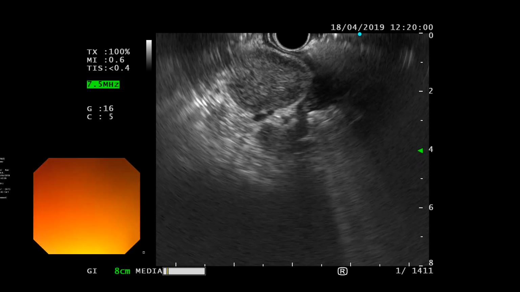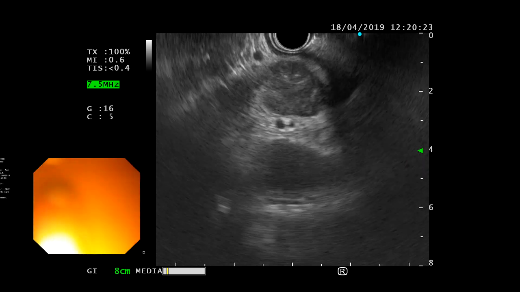Here, I'm not sure if it's necessary, but at a minimum, we should measure it. So 2.4 by 2.3. Large lymph node, isn't it? Yeah, it's large.